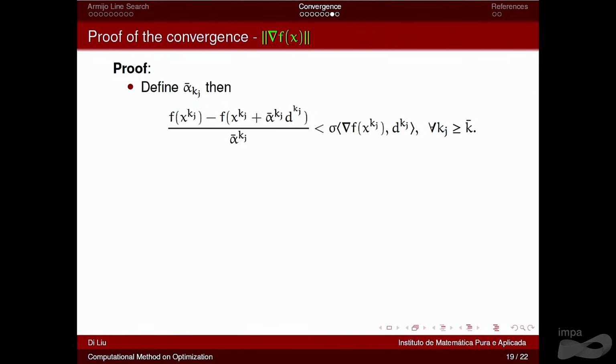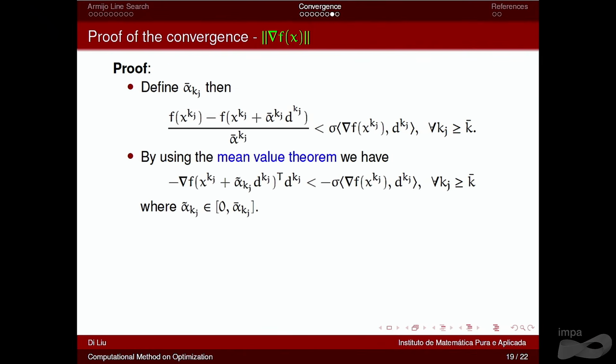We remember that we took a subsequence twice, but we still use k_j to represent the subsequence. And then we use the mean value theorem, so we get the negative gradient at x_{k_j} plus alpha tilde_{k_j} d_{k_j}, where alpha tilde_{k_j} is some value between 0 and alpha bar_{k_j}.